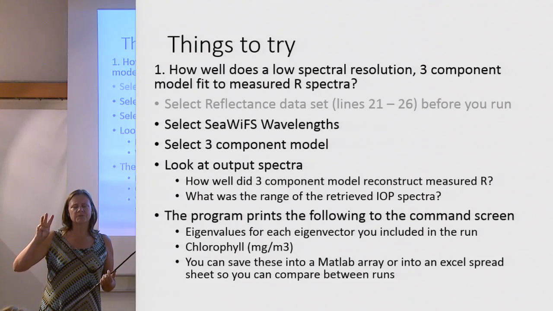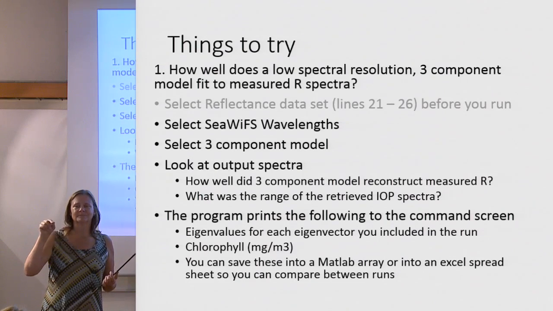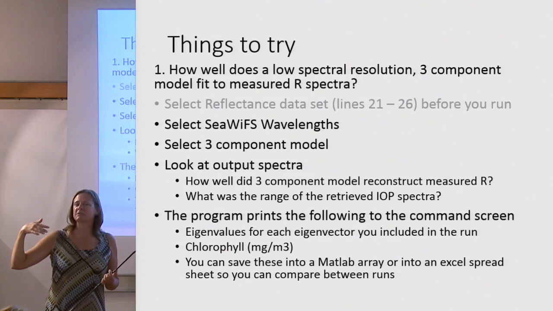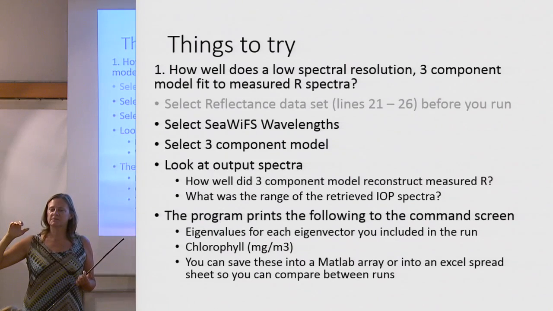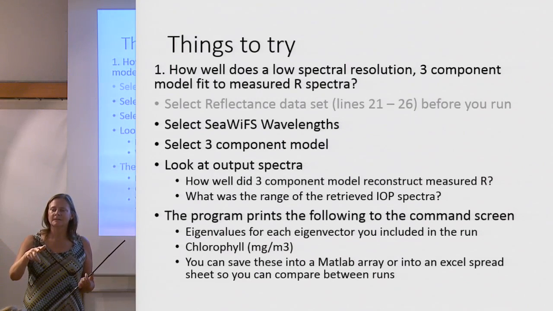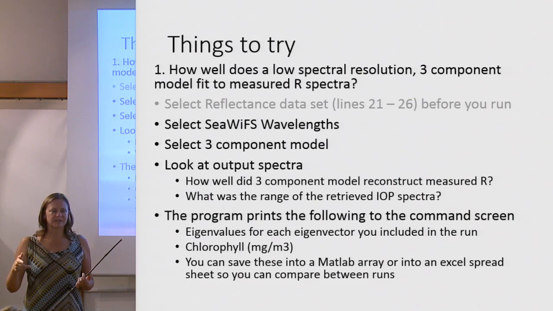And further, those 3 components only have one shape. An average phytoplankton spectrum, a sort of moderate CDOM NAP slope, and 1 backscattering. So that's remarkable that just changing those in a variety of ways can reconstruct that entire range of reflectance. But that's what you just did in the Excel, right? Except you did it hyperspectrally.